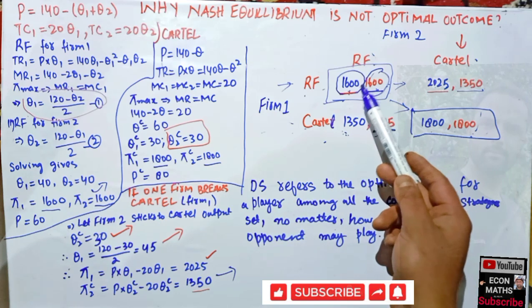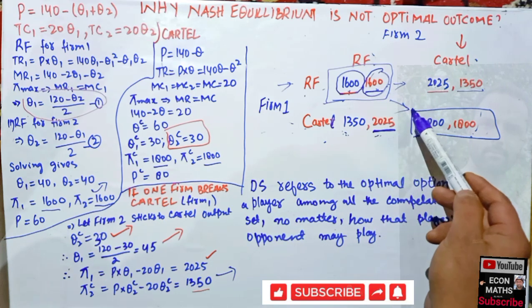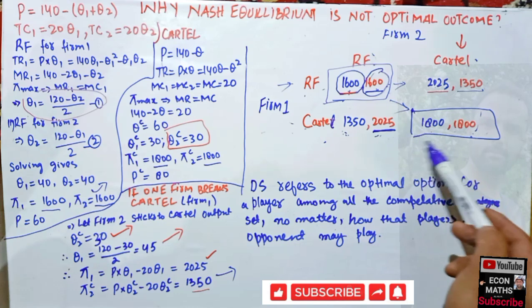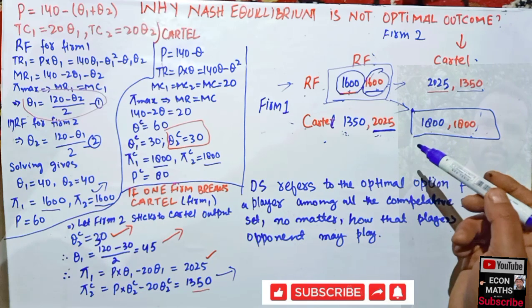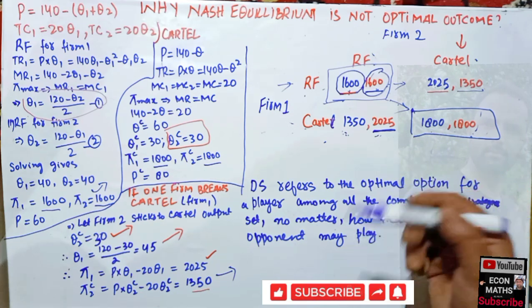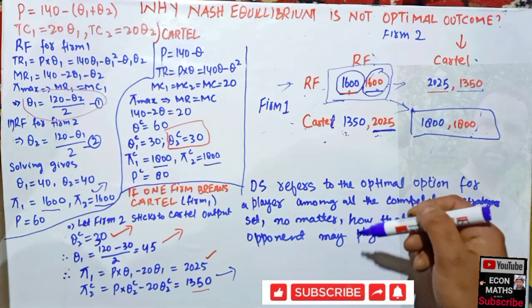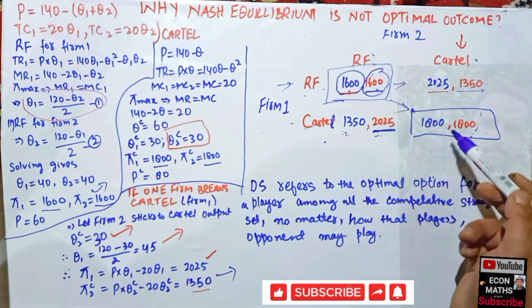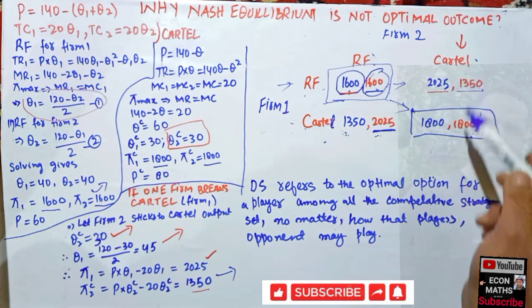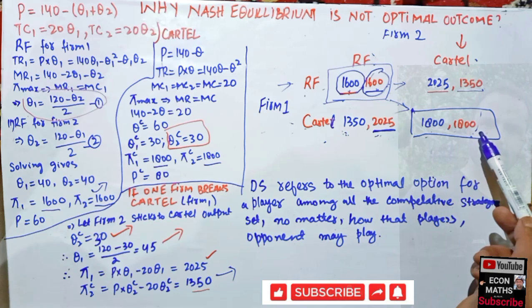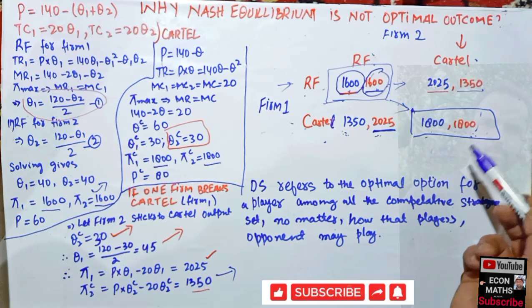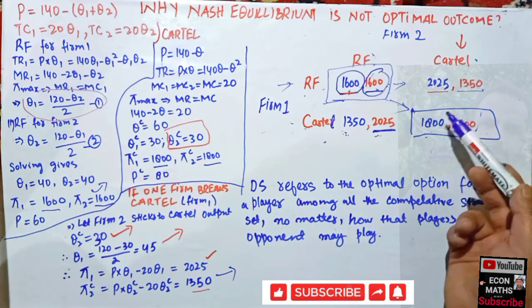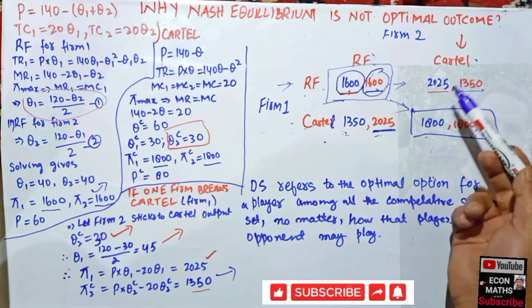This is Pareto inefficient, but this is a Pareto improvement here. If both players make an agreement prior to playing this game that both will play according to the Cartel, then they will get 1800 and 1800. But if any player defects or breaks the Cartel, the profits change drastically, as I have shown.